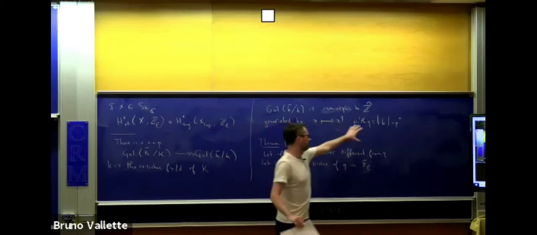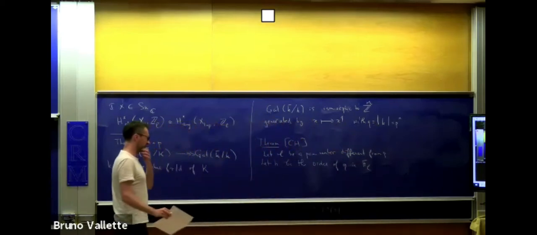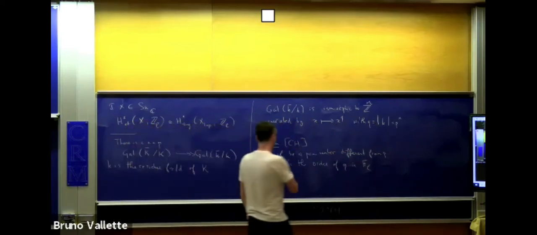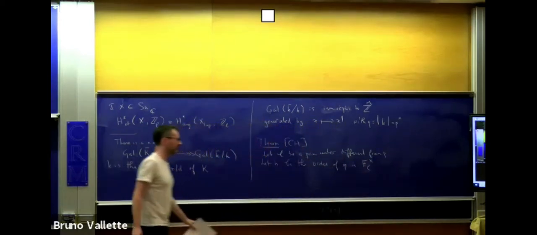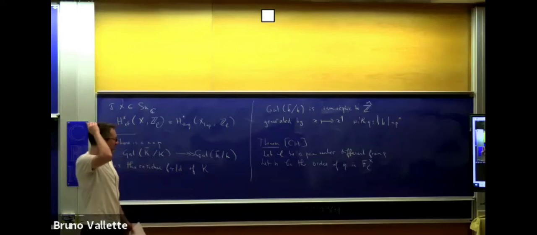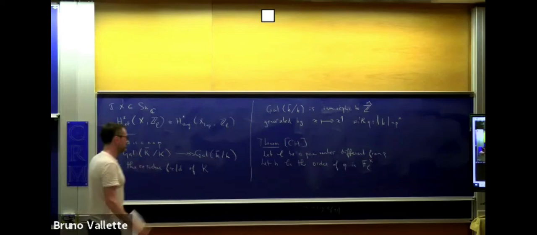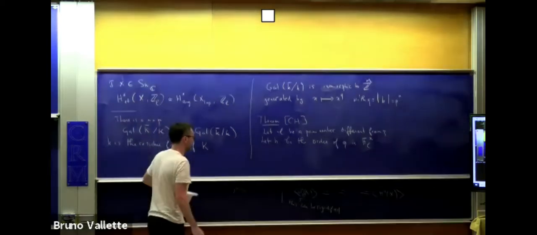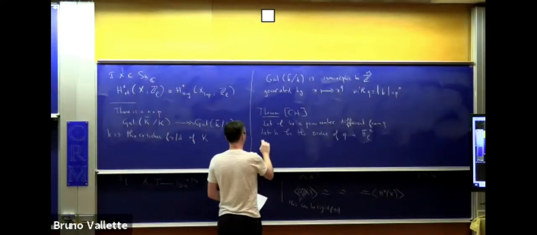So q is the cardinality of my residue field, so it's some power of p. So q will be a unit in F_l, since any power of p will be prime to l, and therefore it makes sense to talk about the order in that group.